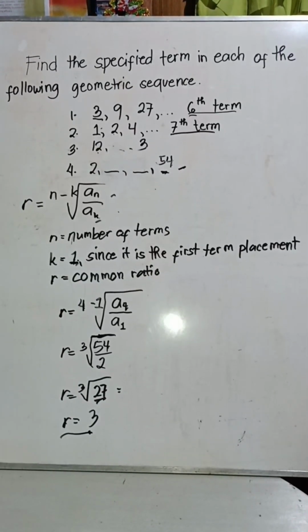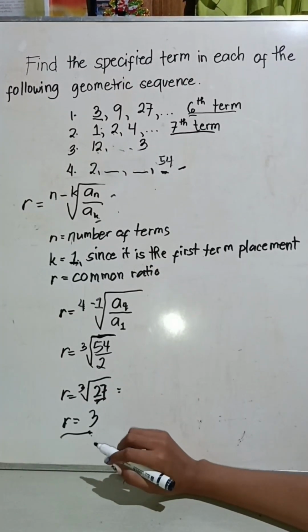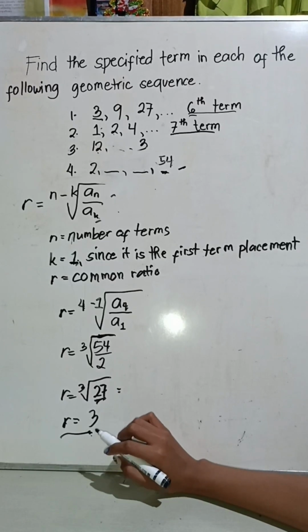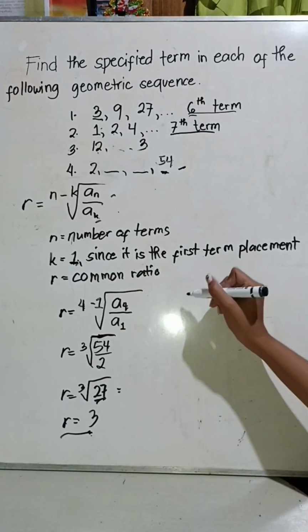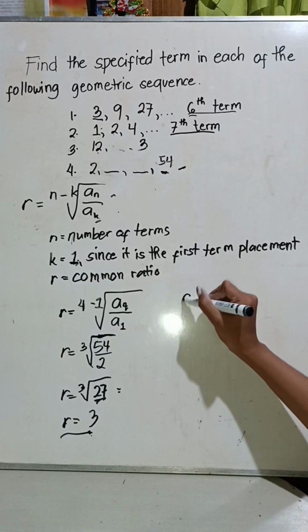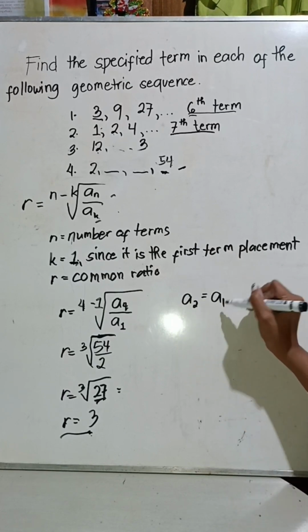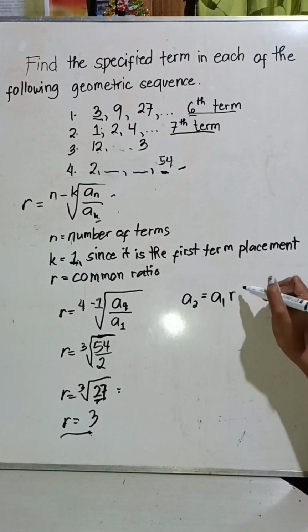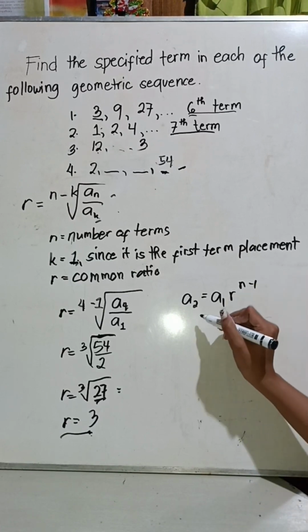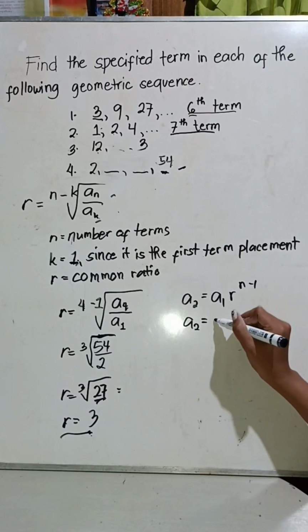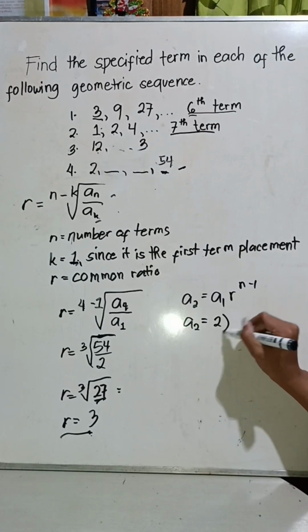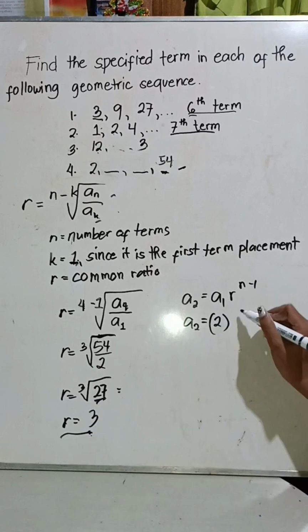So, since we now have the common ratio of 3, we can now use our formula in finding the nth term. Since we don't have a sub 2, a sub 2 is equals to a sub 1 times r to the n minus 1. So, a sub 2 is equals to, our a sub 1 is 2. Our common ratio, or r, is 3.